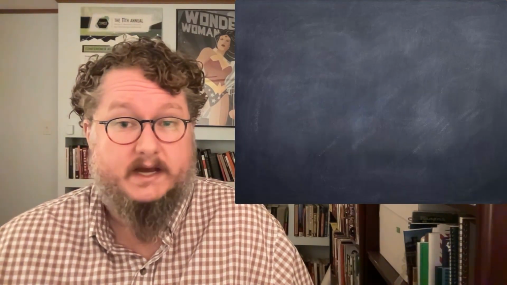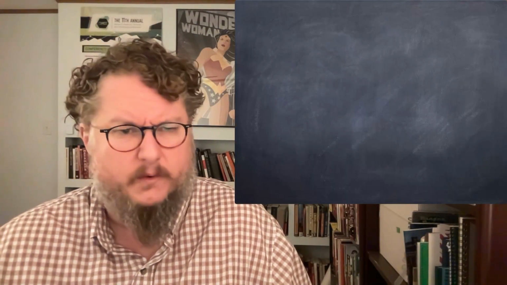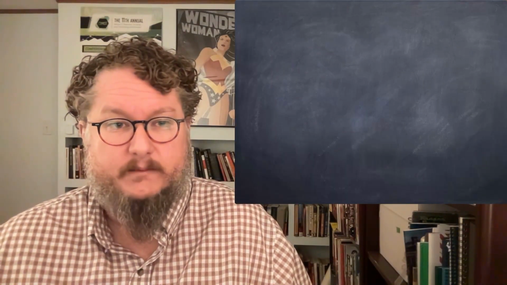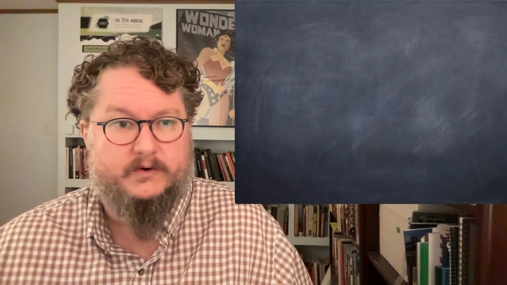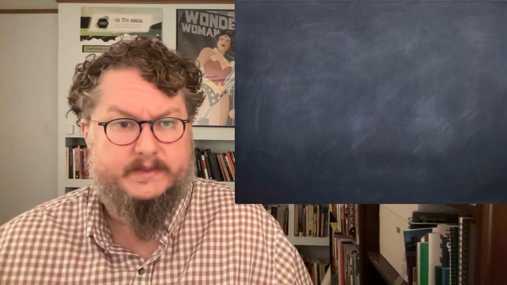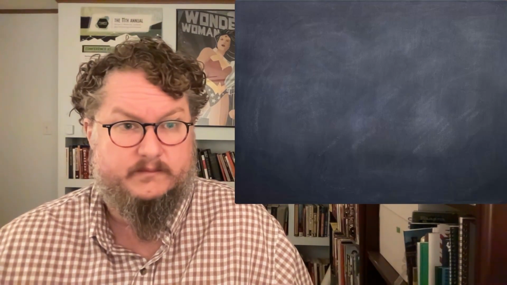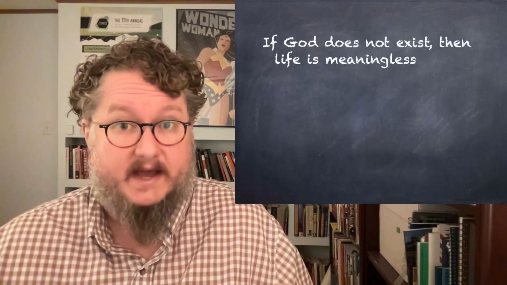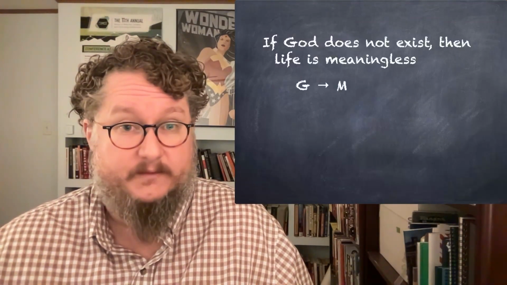And one of the tools of formal logic is representing or translating claims in ordinary language into what we call a formal language that makes more clear the form or structure of the claim. We'll learn what the symbols I'm about to show you mean in future units, but we can translate claims like, if God does not exist, then life is meaningless, into a kind of schematic form, right?